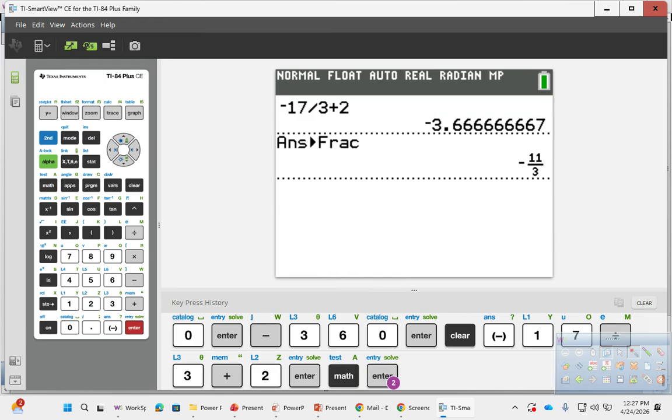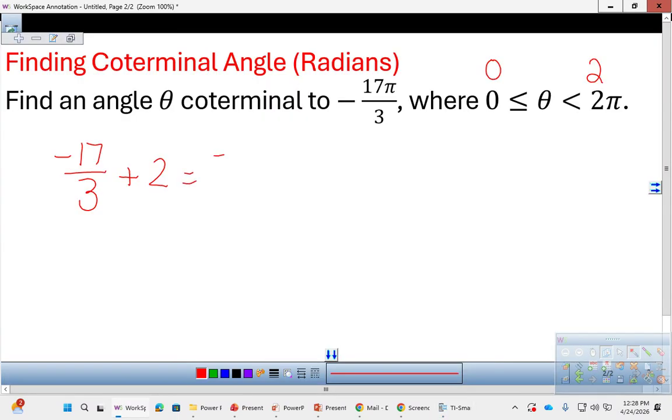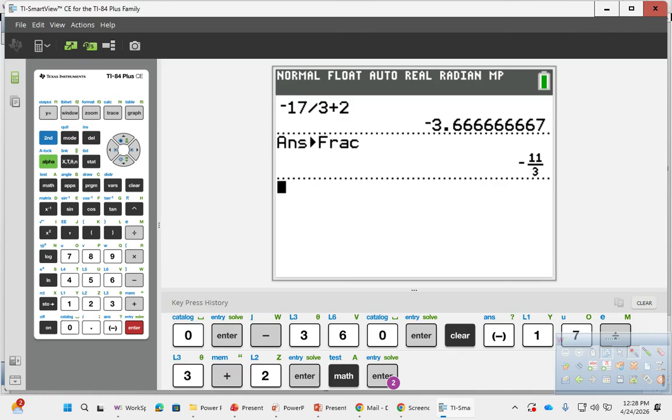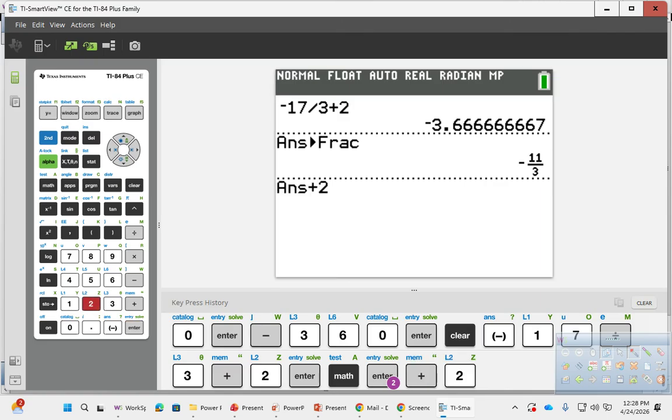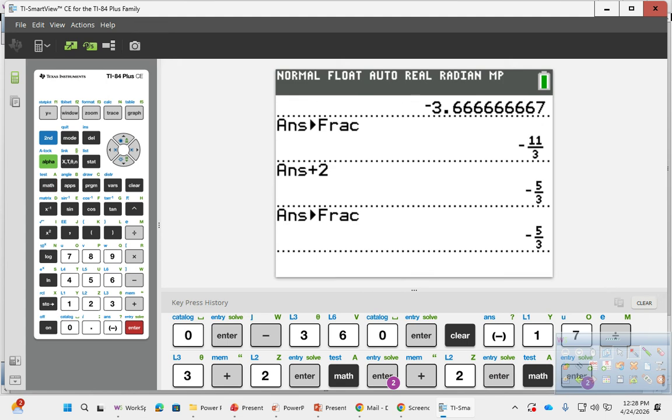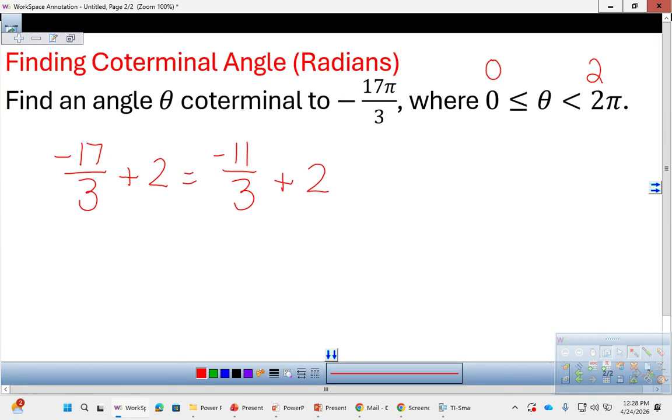So technically right now I'm at -11 pi over 3 because I'm just ignoring the pi. It's still negative though. So I'm going to add another full rotation, which is 360, but in radians that's 2. And right now I'm just ignoring the pi so I don't have these weird decimals in the calculator. And that's -5 pi over 3.